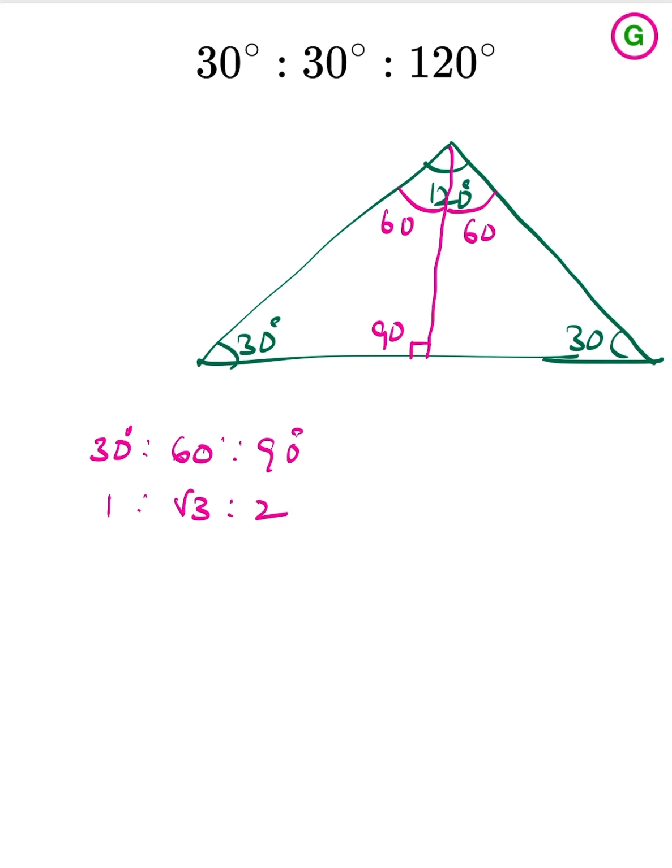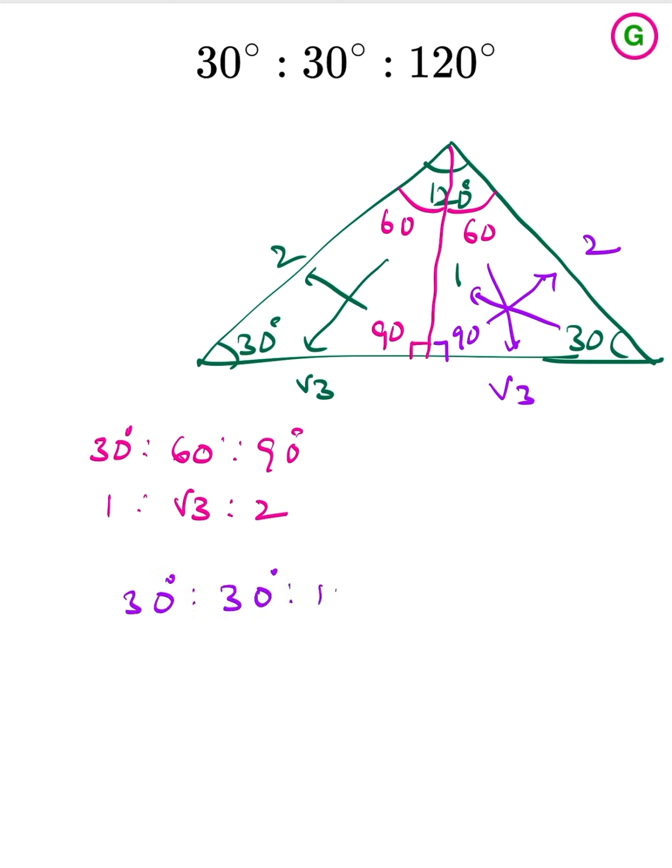So the 60 opposite is root 3, the 90 opposite is 2, and the 30 opposite is 1. Same as you write here: 60 opposite is root 3, 30 opposite is 1, and 90 opposite is 2.